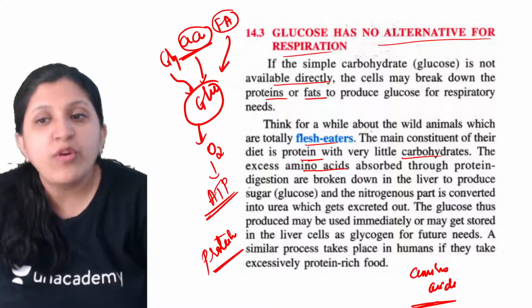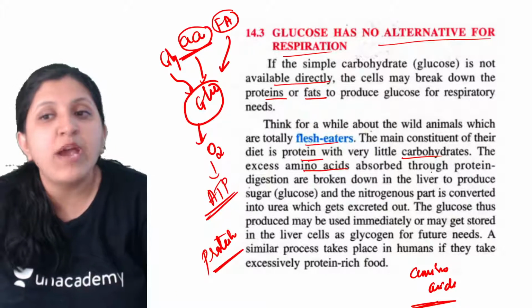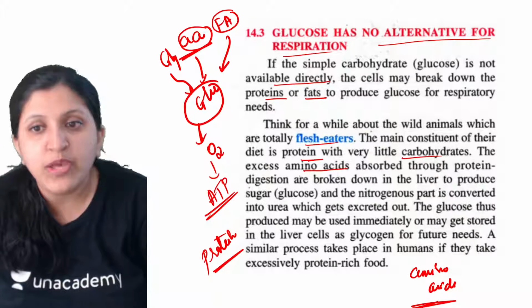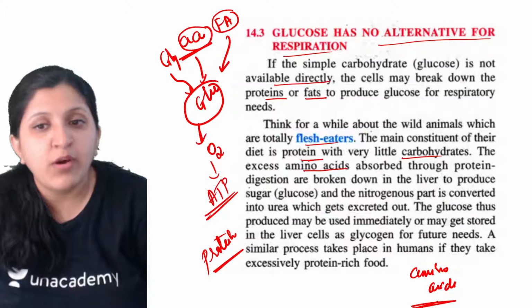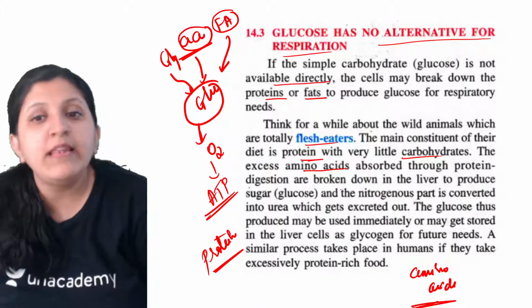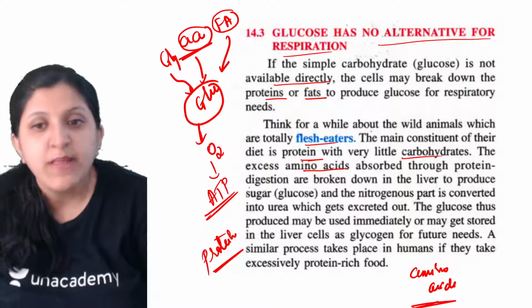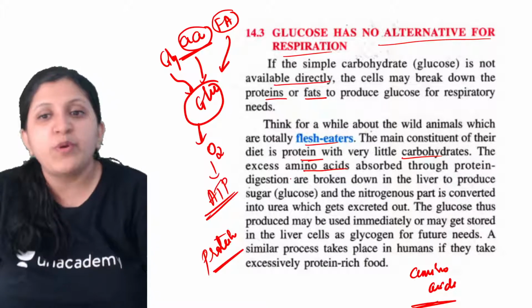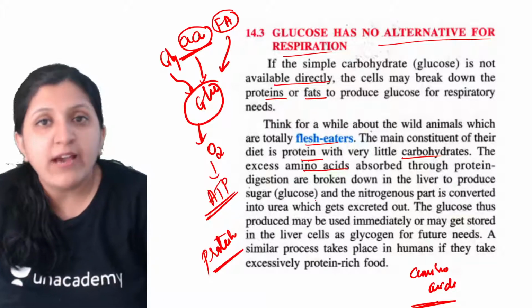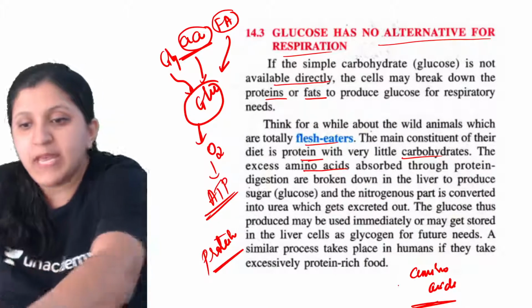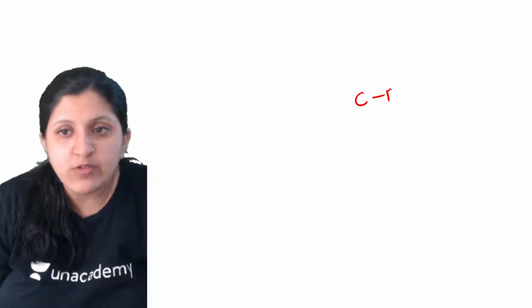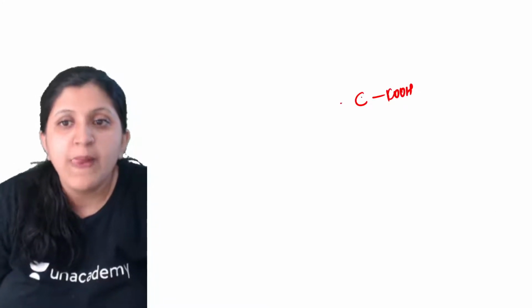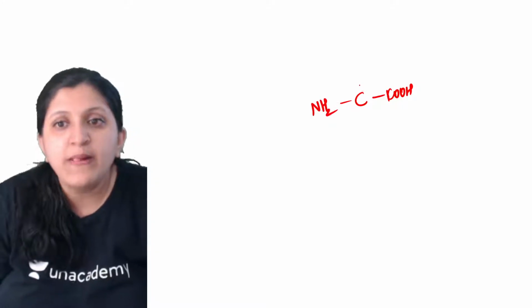So now what is happening? Excess amino acid is absorbed through protein digestion, and after that the liver will produce a sugar. This glucose production occurs in the liver itself, and I'll explain this. Let's say this is an amino acid: there is a COOH group, then an amine group, then a hydrogen, and then a variable group.